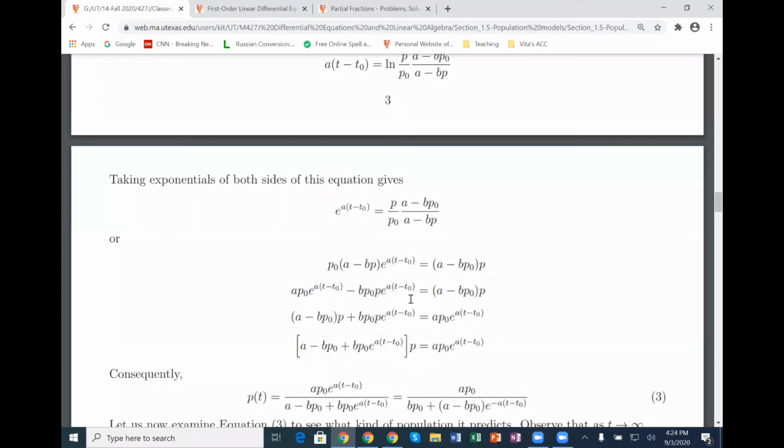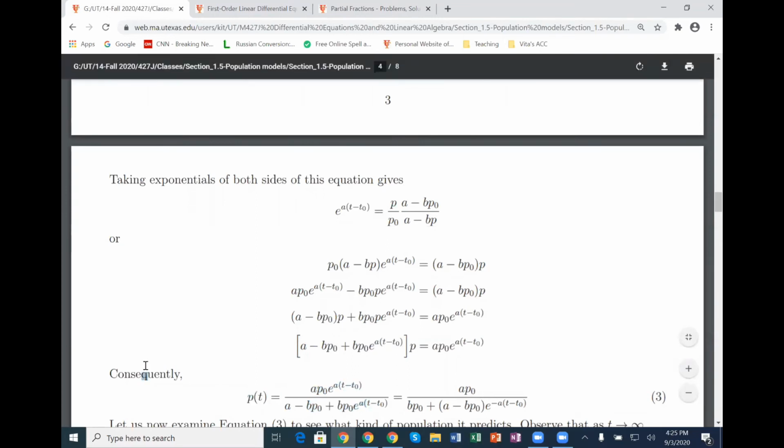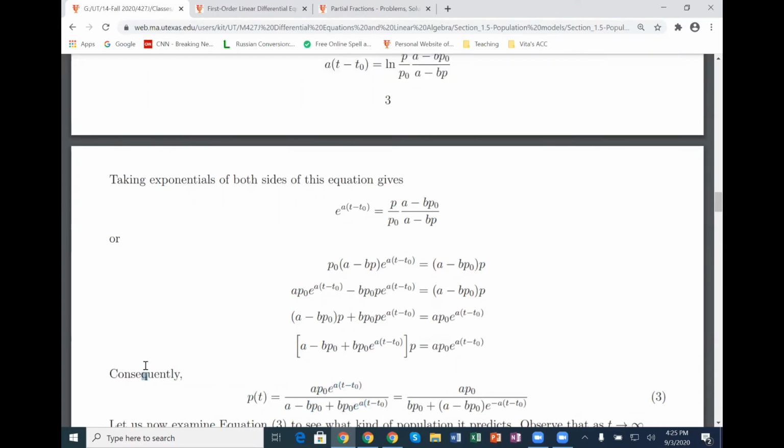And now, indeed, we can group both P terms together. Done here. Now, since both P terms are together and there is no P here, we can factor out P. Now, over here we have two P terms. Over here we have just one P term. And if we divide both sides by this, we get an explicit formula. Goal is achieved. Was that your question? Yes, thank you. And then the next step is just to clean it up.